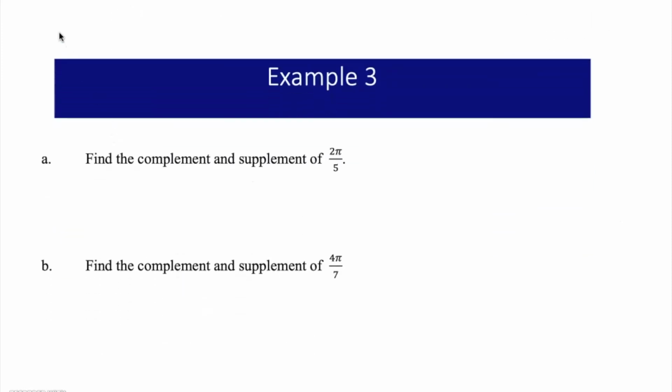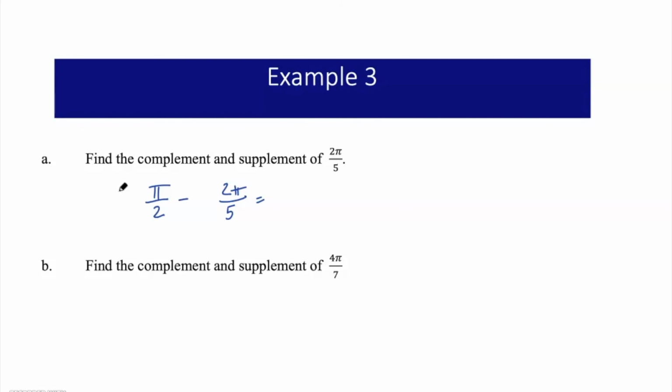An example. If I have to find the complement of 2 pi over 5, the complement is what is missing to get to pi over 2, or 90 degrees. So I want to do pi over 2 minus the given angle, 2 pi over 5, and that will give me the complement. Now notice that the two fractions have different denominators, so I have to find a common denominator in order to perform the subtraction.